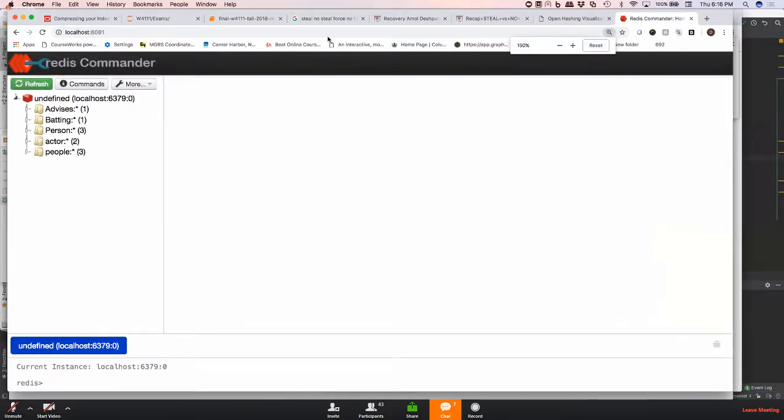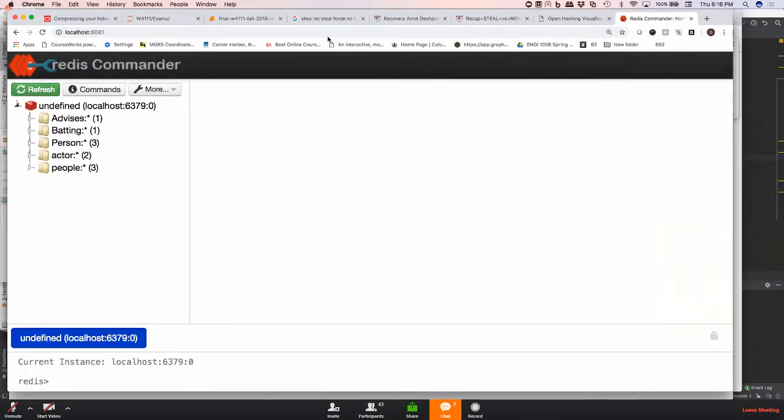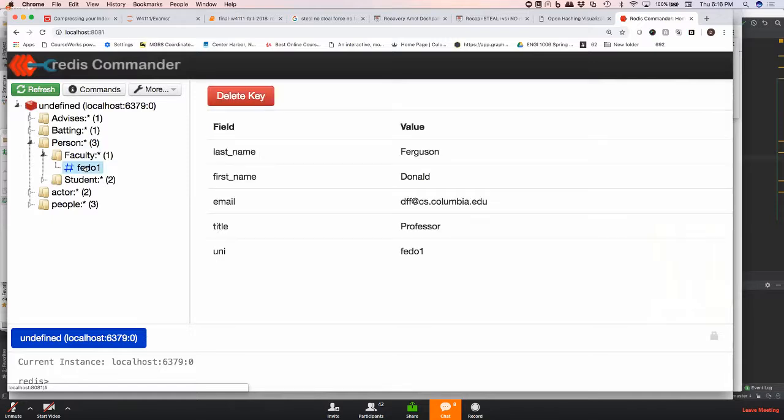So you don't need to do this, but this is a tool I use, Redis Commander. And what happens is, in this case, if you take a look, there's person, colon, and a star. And then after that, there would be faculty. So the key for this particular piece of data is person, colon, faculty, colon, FED01. That's the key.